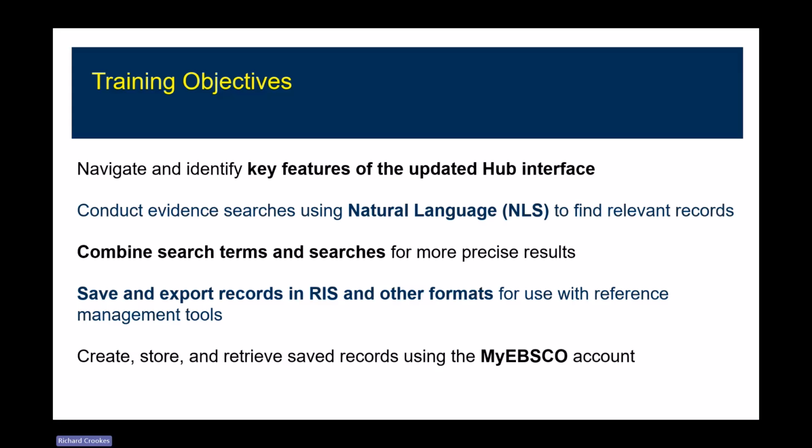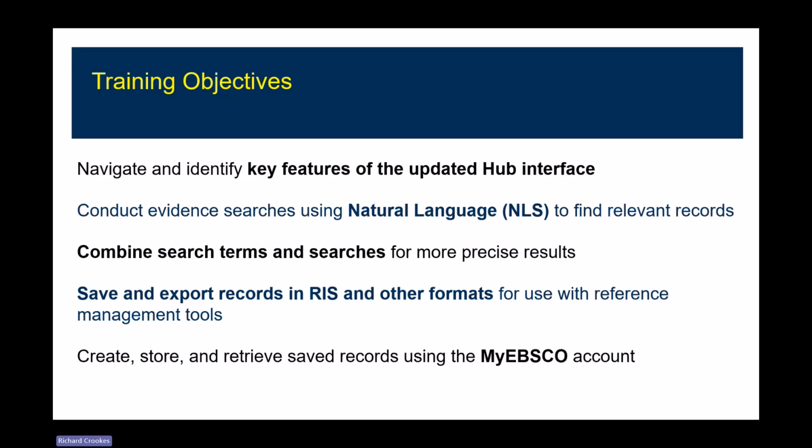In terms of the actual objectives, I hope that by the end of the session, and it may be a refresher for some of you who may have attended a session a few months ago, you'll be able to navigate and identify key features of the interface. You'll be able to conduct evidence searches using natural language search to find relevant records, and also combine search terms and searches for more precise results in a more standard way of searching.